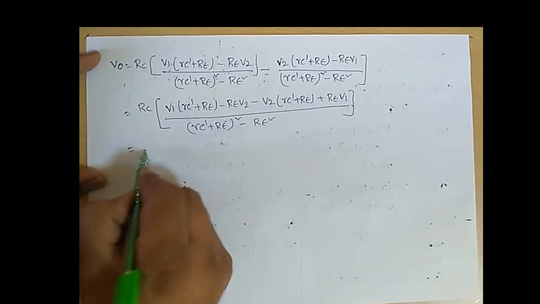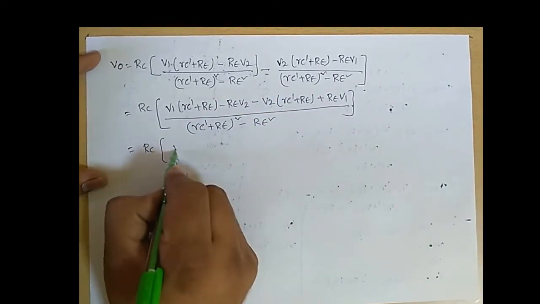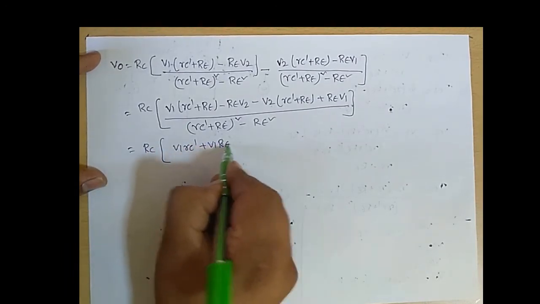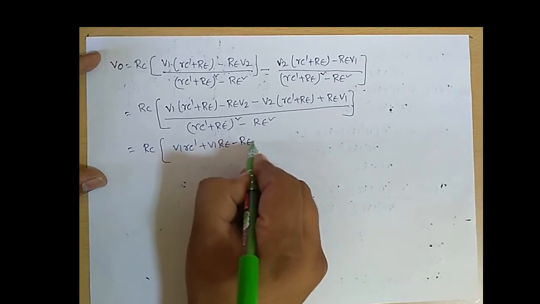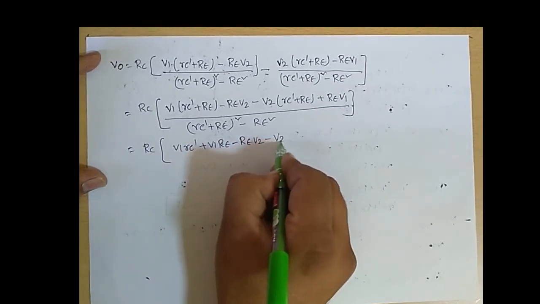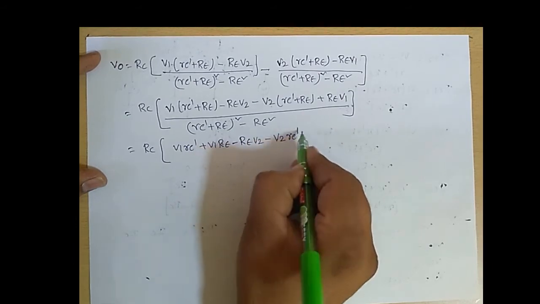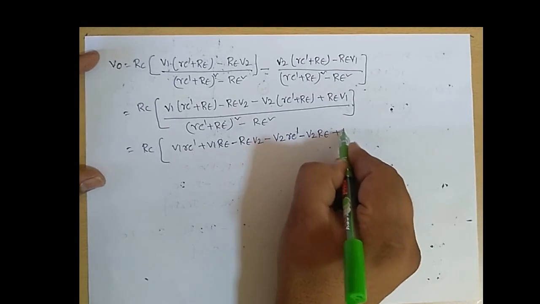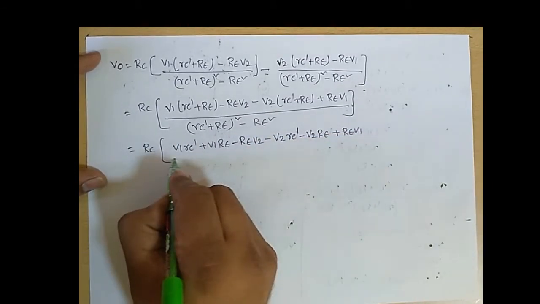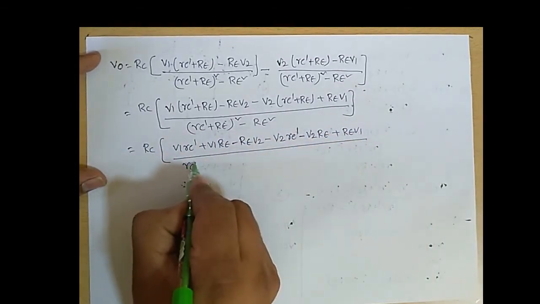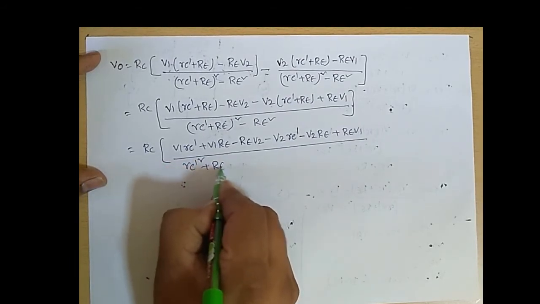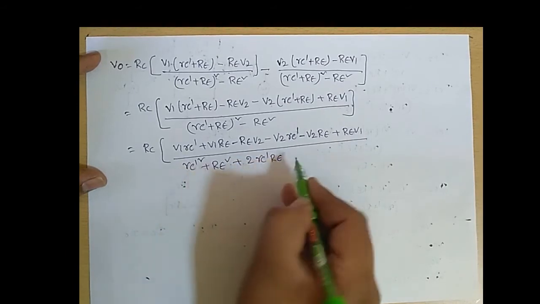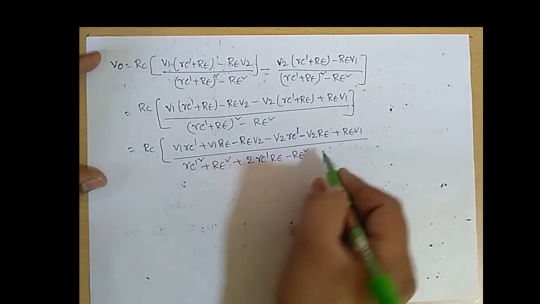That is equal to RC of V1 RE dash plus V1 RE minus RE V2 minus V2 RE dash minus V2 RE plus RE V1, whole by RE dash square plus RE square plus 2 RE dash into RE minus RE square.